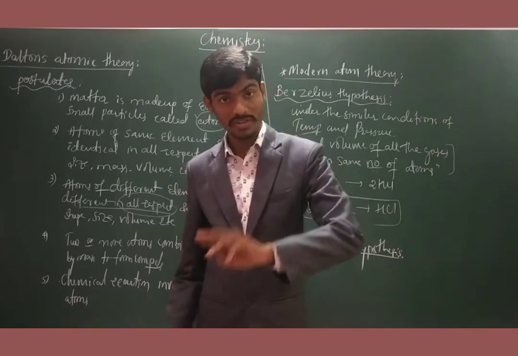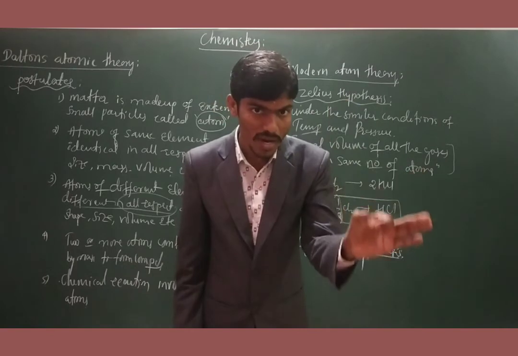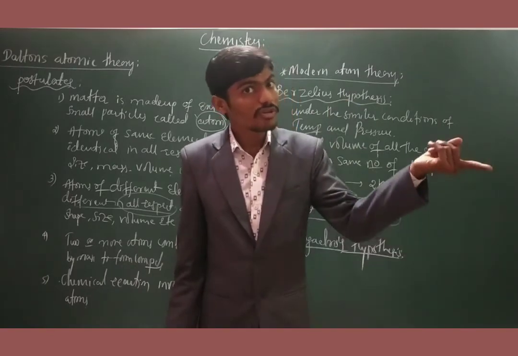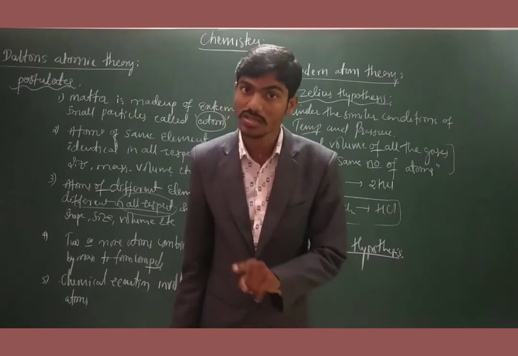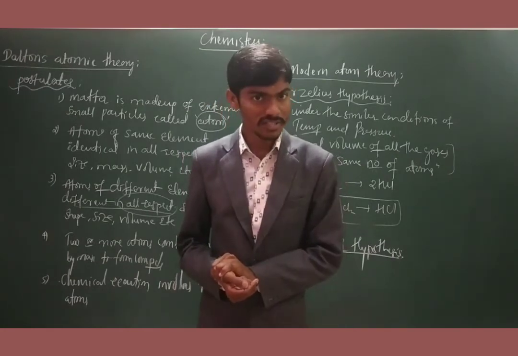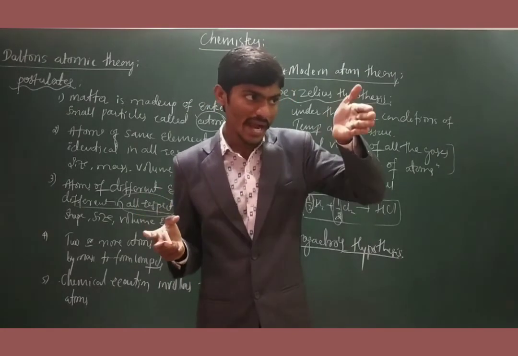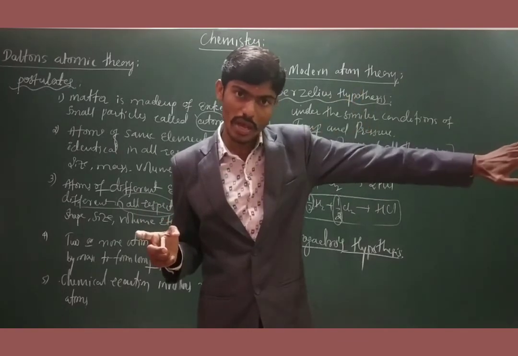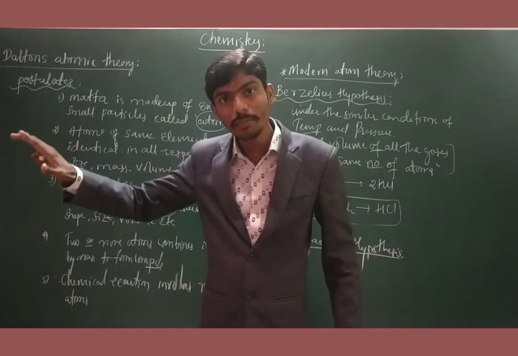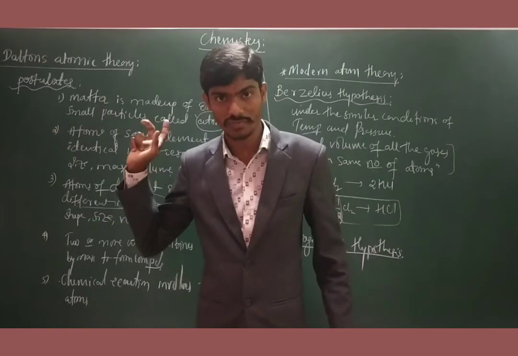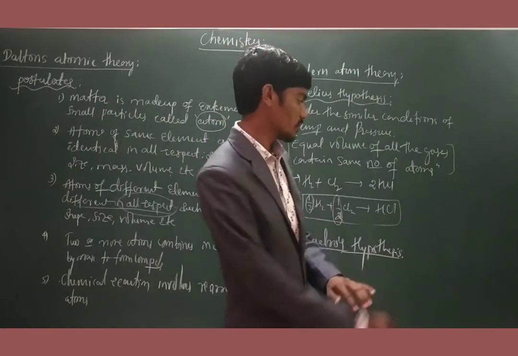And molecule's definition is the same here too: the smallest particle of a substance which is capable of independent existence is called a molecule. What is the difference between atom and molecule? Atom may or may not have independent existence, whereas molecule has independent existence. This is the difference between atoms and molecules.